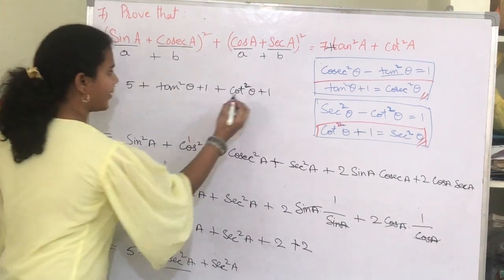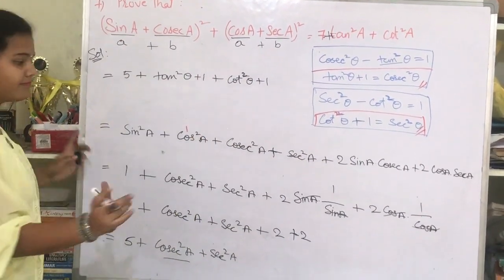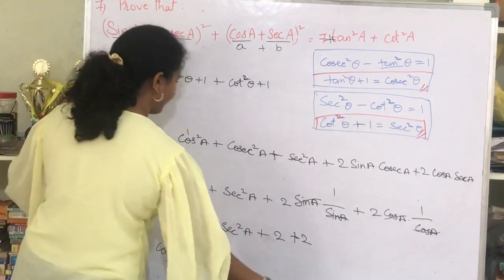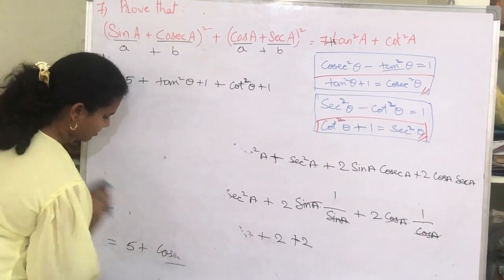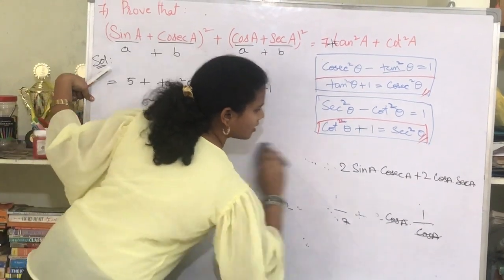Then we have 5 plus 1 gives 6, 6 plus 1 we got 7.